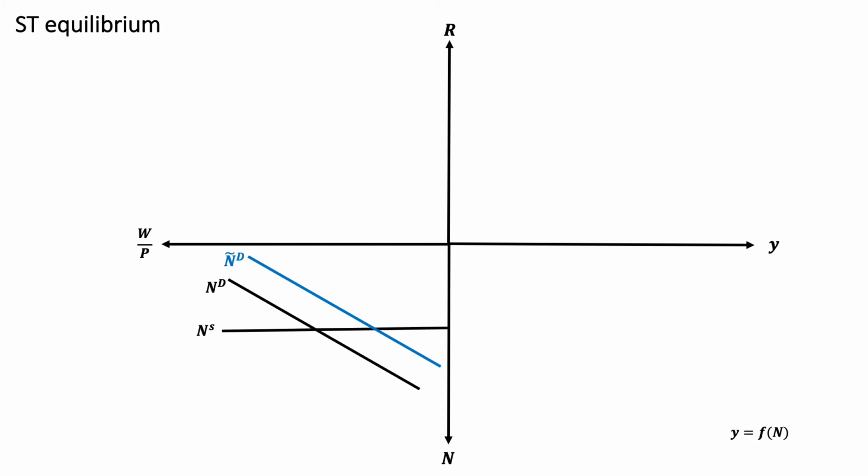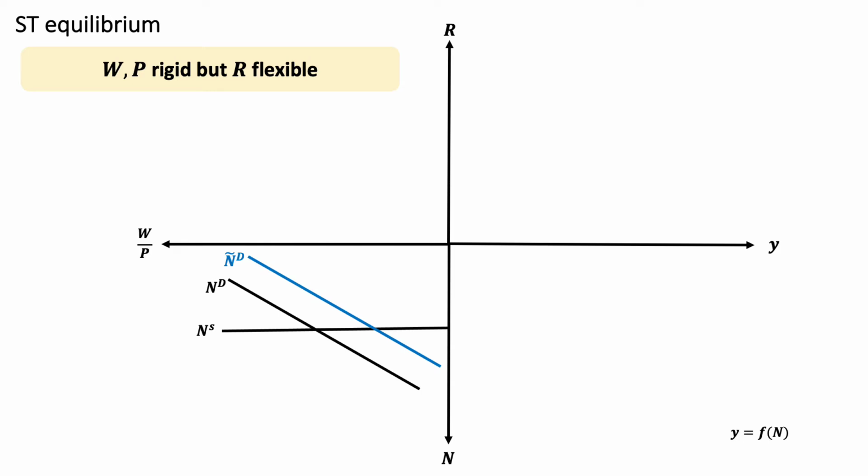All right, let's determine the short-term equilibrium now. We consider that W and P are rigid at values W bar and P bar. Only the interest rate remains flexible. Because of these nominal rigidities, there is no possible adjustment in case of excess demand or supply.